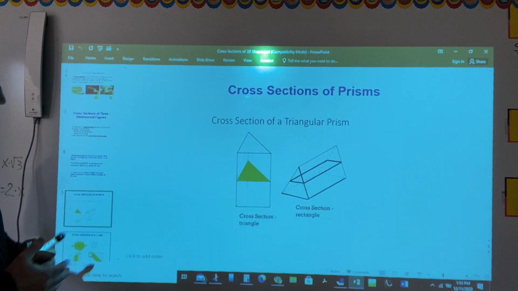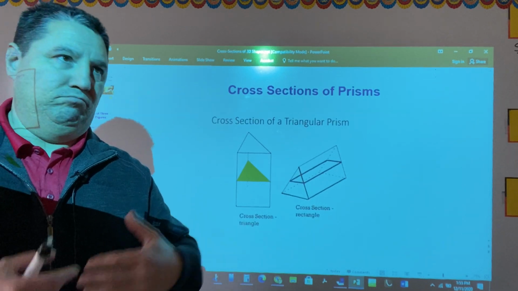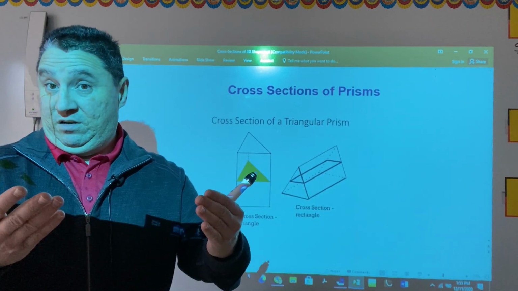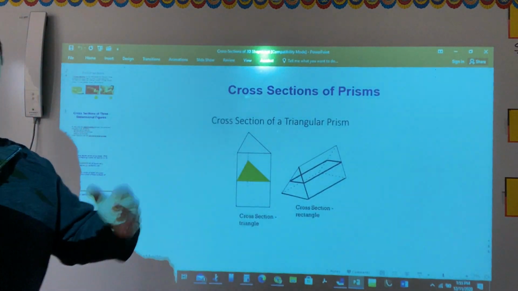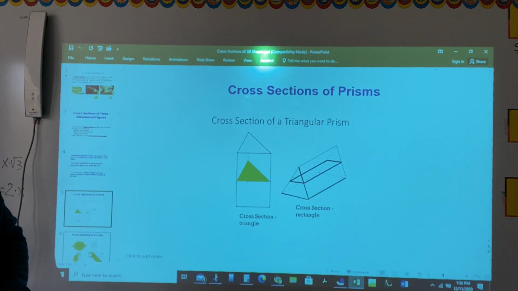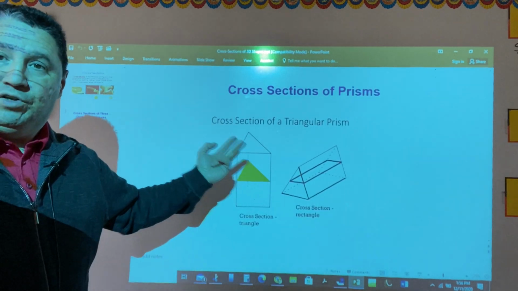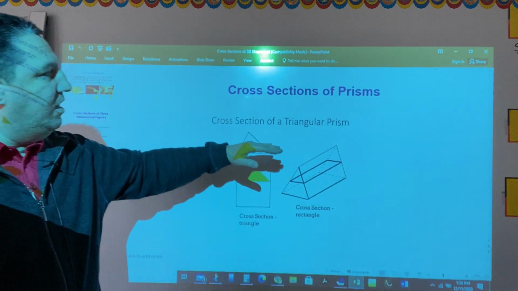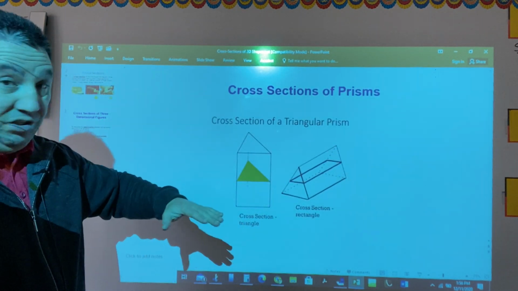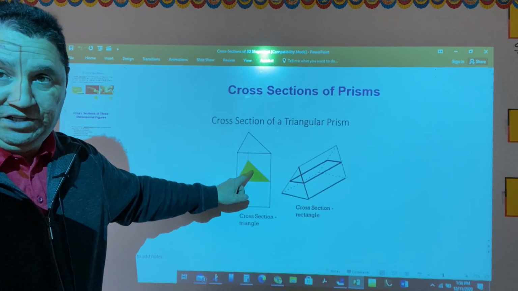Let's talk about a few examples of cross sections of different solids. Let's start with prisms. In this slide, there are a few cross sections of a triangular prism. This is a horizontal cross section for a triangular prism.